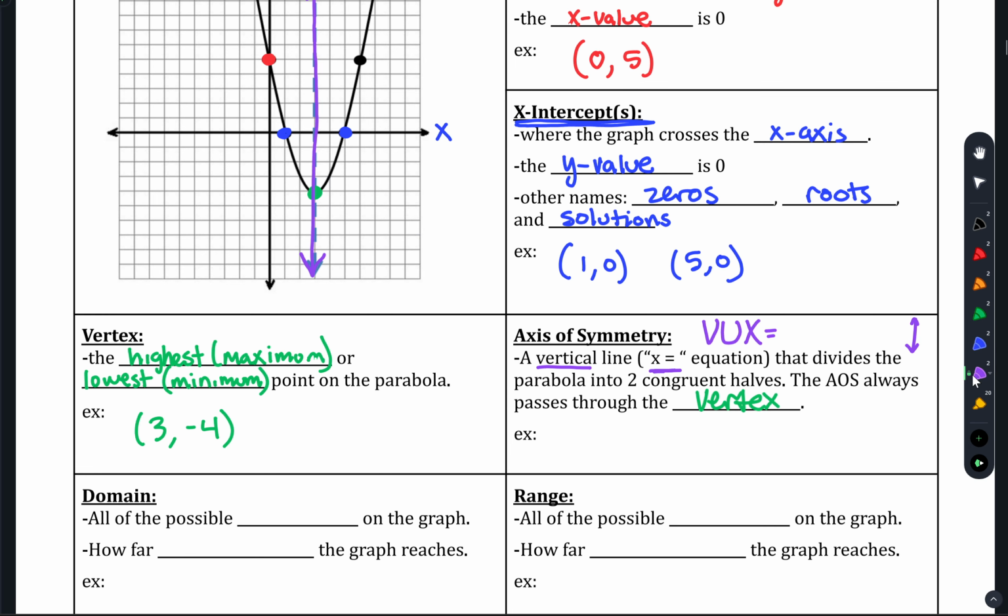Therefore, when I write my equation for my axis of symmetry, it'll be x equals, and in this case, it's x equals 3, and that 3 is coming from the x value of my vertex. Any questions right now?